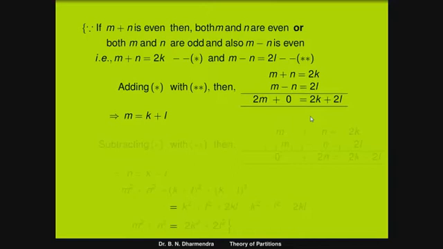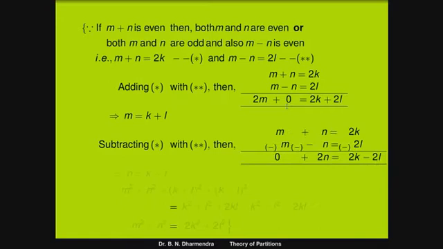Similarly, subtracting star from double star, m plus n is equal to 2k and m minus n is equal to 2l. In the subtraction, plus into minus gives minus, and minus into minus gives plus. So m gets cancelled, and the term here, that is 2n, is equal to 2k minus 2l.